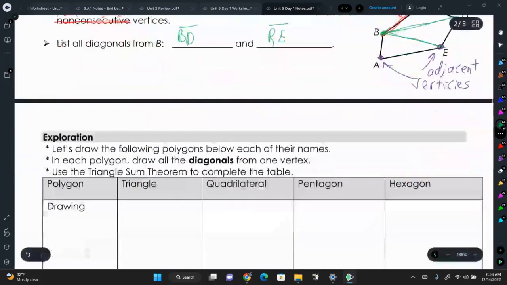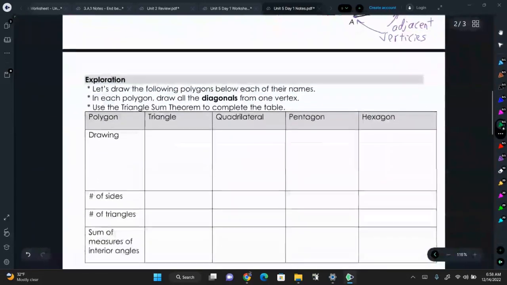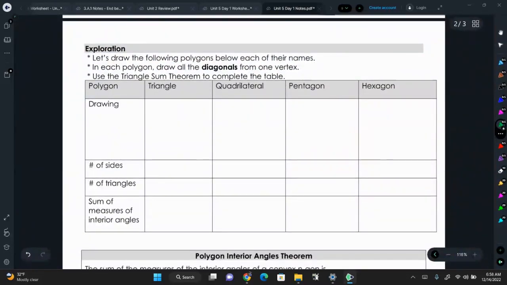Now, on the next page here, we're going to do this exploration a little bit to just kind of see where we're going. So a triangle has three sides. Well, how many triangles can we make by connecting vertices? Well, we can't. Yes, you could say, can't we make a triangle right here, and now we have two triangles?